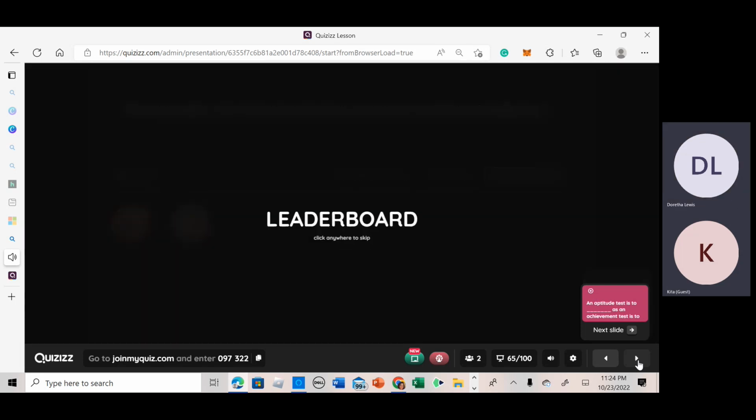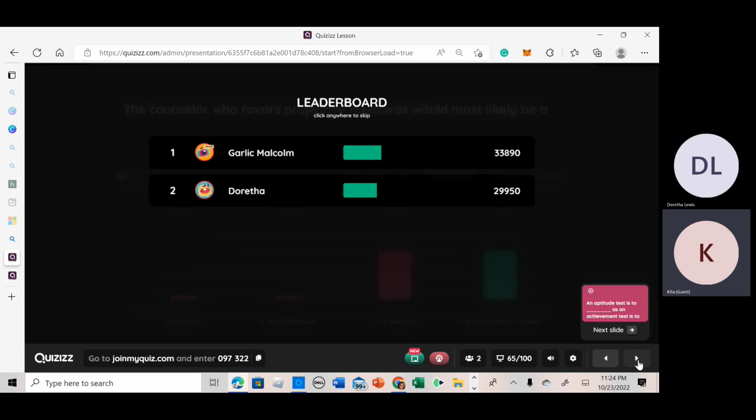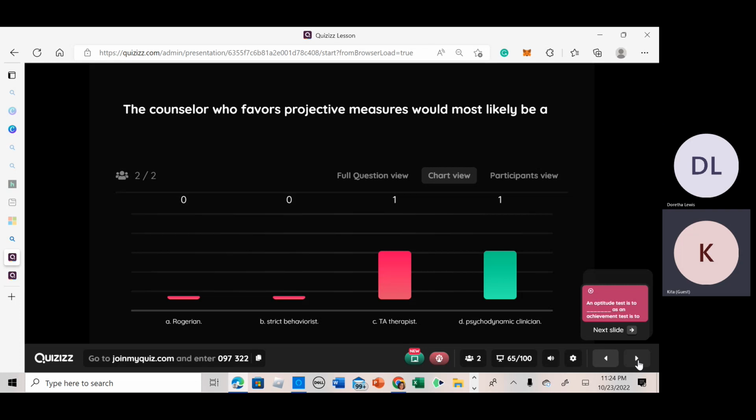The counselor who favors projective measures will most likely be a psychodynamic clinician.